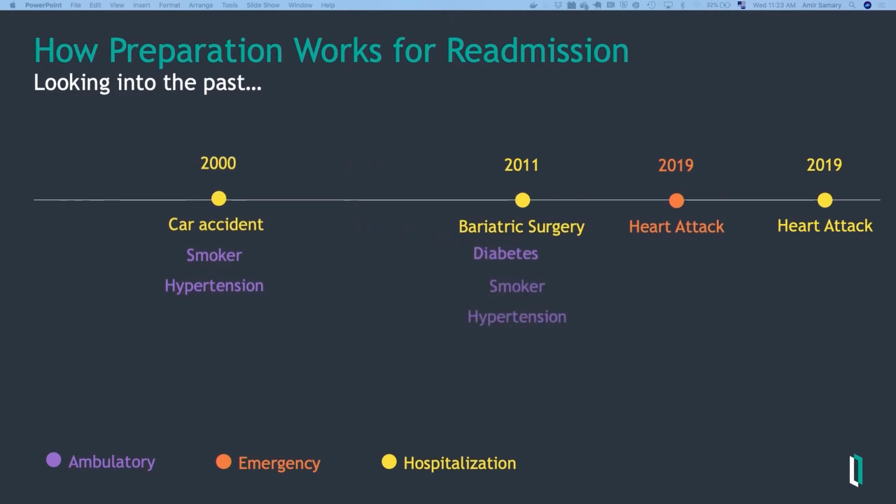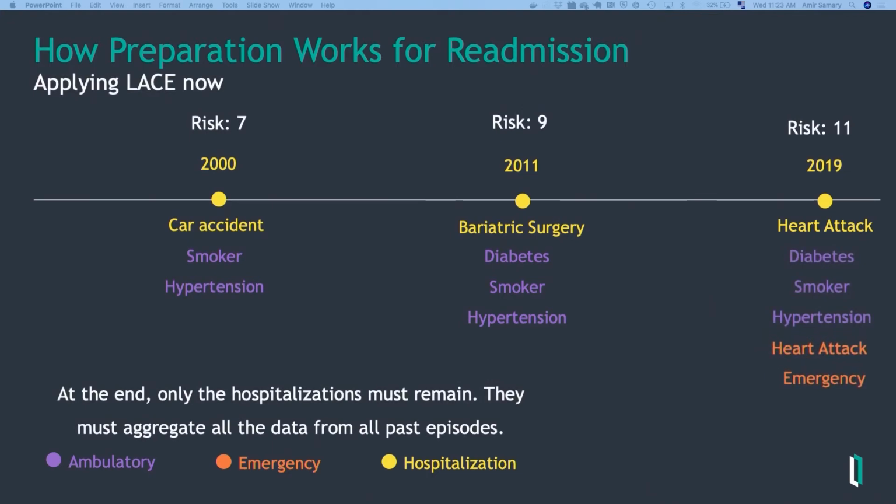In 2011, we have more. Now he's still a smoker, he has hypertension, diabetes now, and he's here for a bariatric surgery. So we keep aggregating, and then at 2019, that's the view of the patient. So the patient has diabetes, is a smoker, has hypertension.